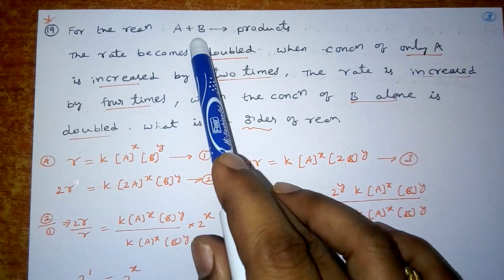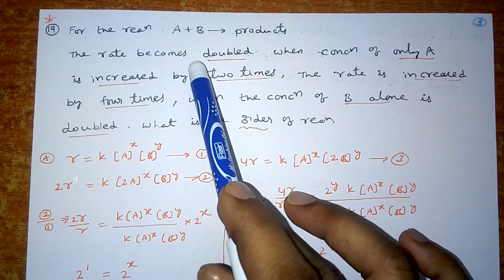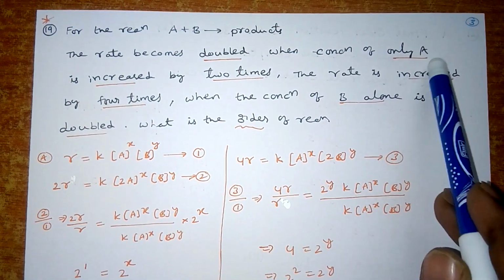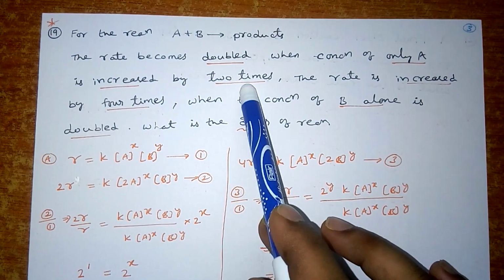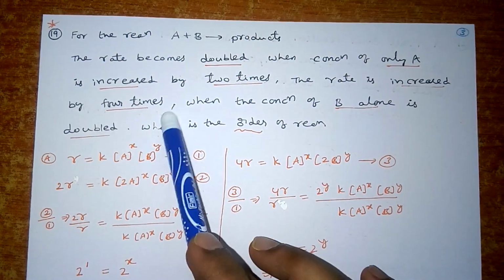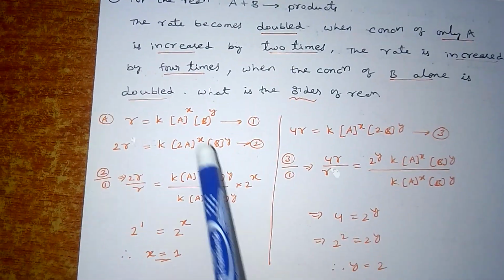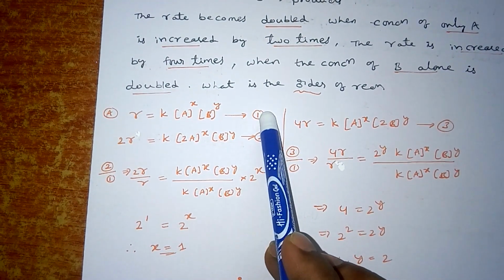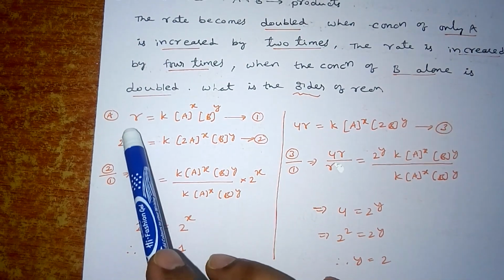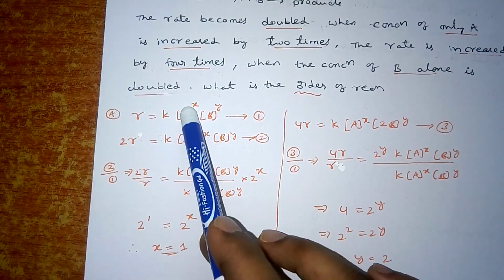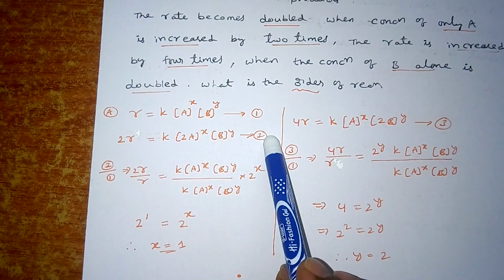Next problem, A plus B will give rise to products. Rate becomes double when concentration of A is increased by 2 times. Rate increased by 4 times when concentration of B is doubled. Then what is the order of reaction? So this is the formula. First you write down: rate is doubled when concentration of A is doubled, then you will get equation 2.